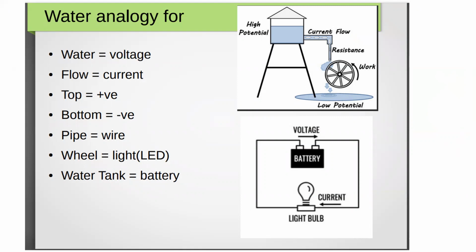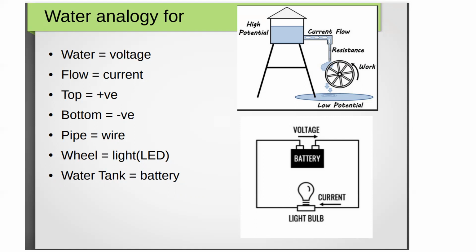Now let me compare each of the terms in the water analogy and the circuit. The water in the water tank is compared with the voltage in the battery, and the flow of water is compared with the current in the circuit. The top or higher potential is positive and the bottom or lower potential is negative.